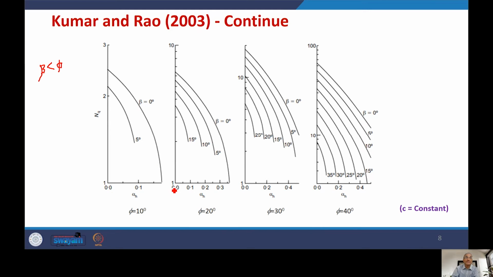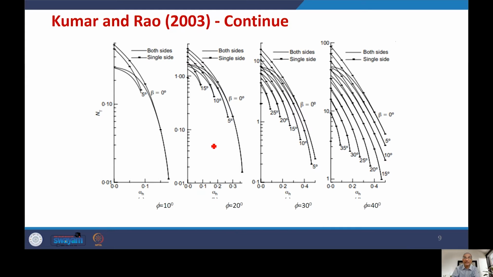Same thing is for N gamma, a similar kind of variation for 4 values of phi equal to 10, 20, 30, 40 is shown in this figure. But one more thing has been added here for N gamma, which is related to the unit weight and the bearing capacity factors: there are two curves for a given value of beta.